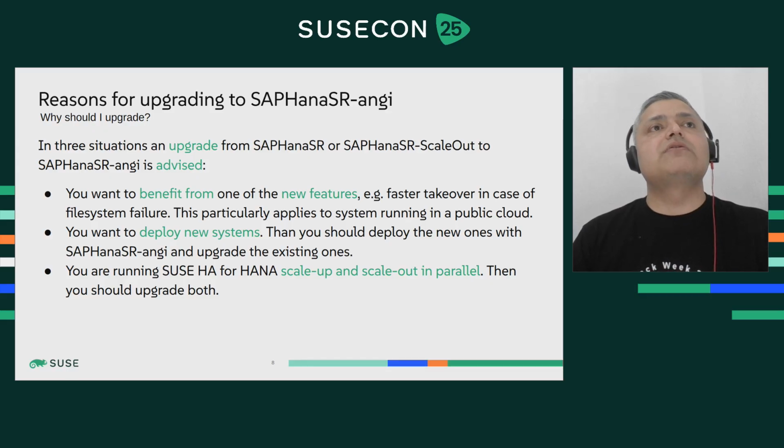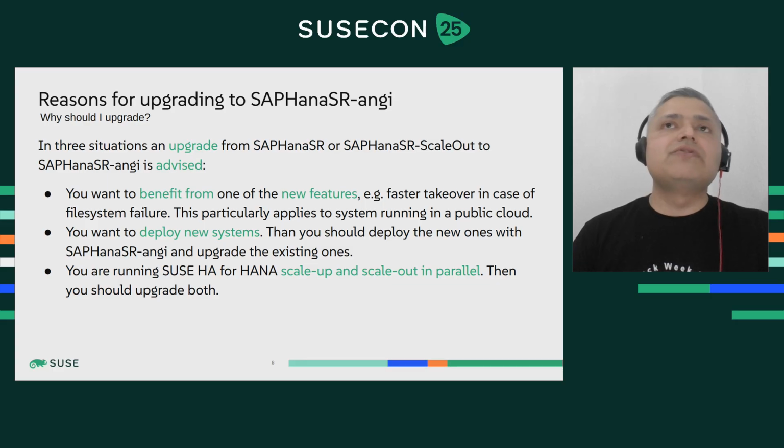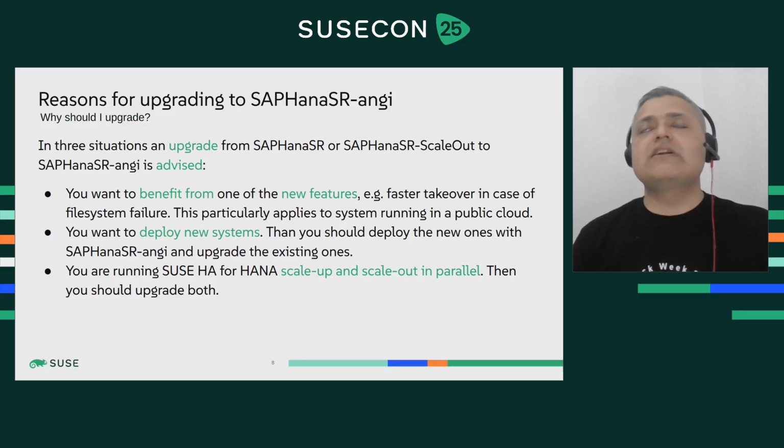Let's suppose you are affected by the cluster just waiting for HANA to stop, or maybe there is a file system failure and the cluster is unresponsive, and you want to use this new feature where there can be a faster takeover. Then there is an obvious choice that one can upgrade from the classic SAP HANA SR to the new SAP HANA SR-angi.